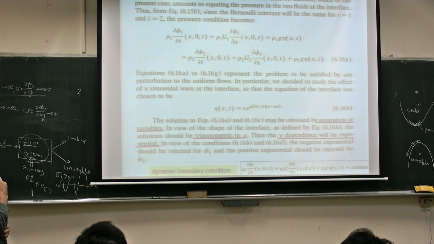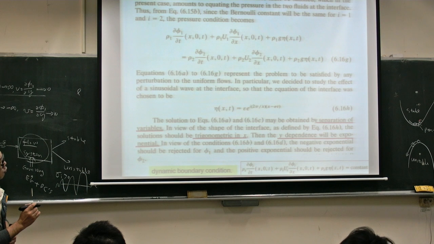Once I input this perturbation into this flow system, I would like to evaluate what happens afterwards.